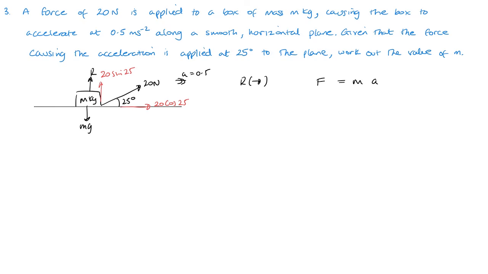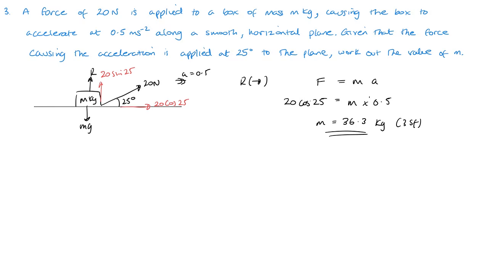So the horizontal force is 20 cos 25. The mass is m and A is 0.5. So m equals 36.3, not newtons, kilograms to 3 significant figures there.